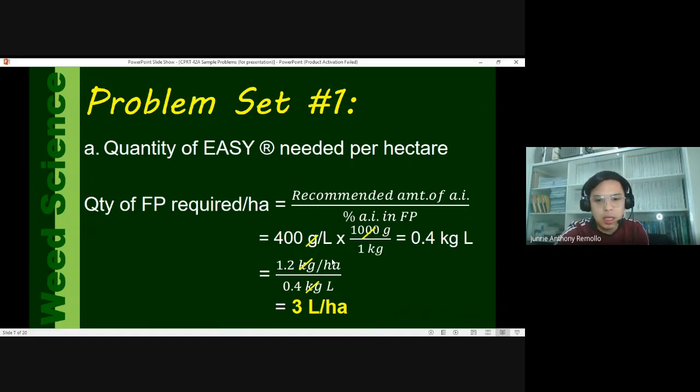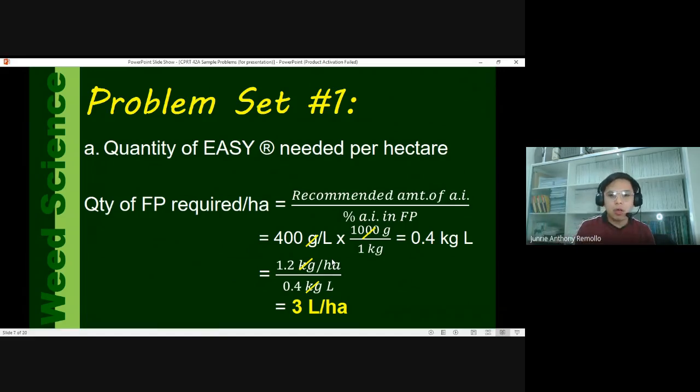And after which, since the percent AI is already available, we can now compute for the quantity of the formulated product required. So based on the given 1.2 kilograms per hectare divided by 0.4 kilogram per liter, we could come up with a result of 3 liters per hectare. And observe the solution: we cancel the kilogram units, and what remains are the liters per hectare.